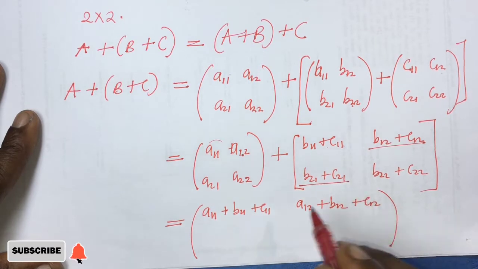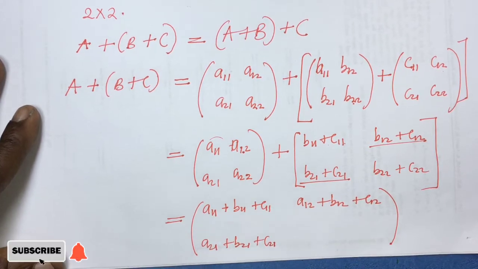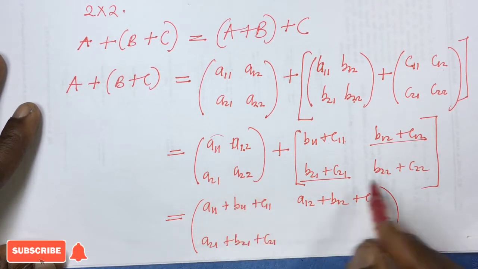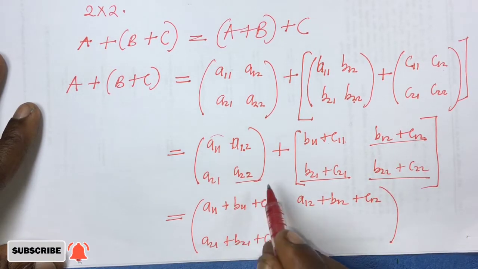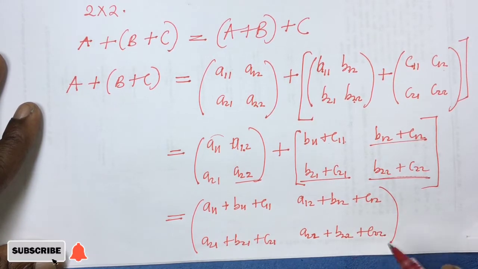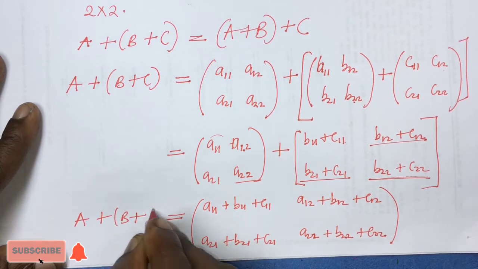A21 will add to this element to give us A21 plus B21 plus C21. Remember, in addition of matrices, you add elements occupying similar positions. Now, for this one here, A22 would add to this element to give you A22 plus B22 plus C22. And that will give you the result for A plus in bracket B plus C.